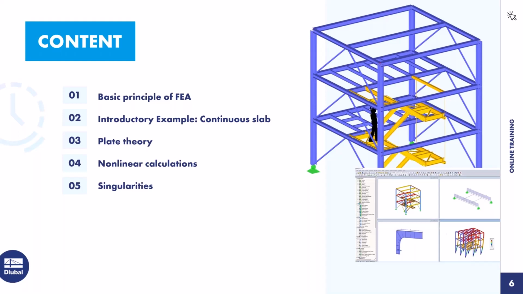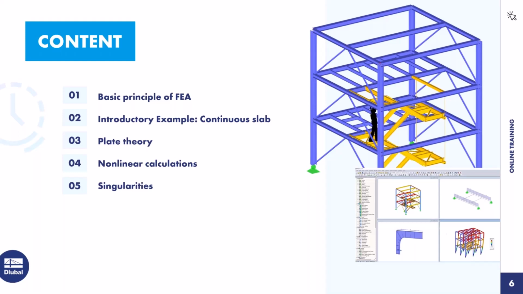The next point will be just an introductory example with a continuous slab, followed by, again, just a short theory on the plate mechanics and the plate calculation theories. With the last two topics, we will go on to the nonlinear calculations, so the more complex stuff.